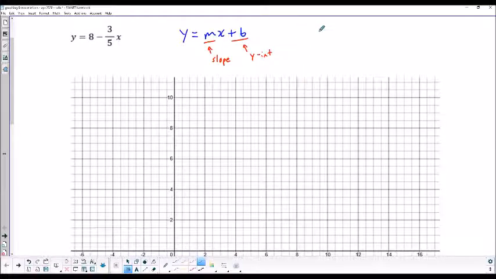I always like using y equals b plus mx, because if you're ever graphing a line, which we're going to do right now, I always start with the y-intercept. You start with a point that you know, and then you count out the slope in addition to that.